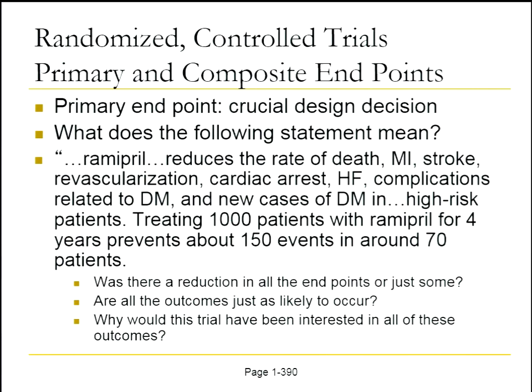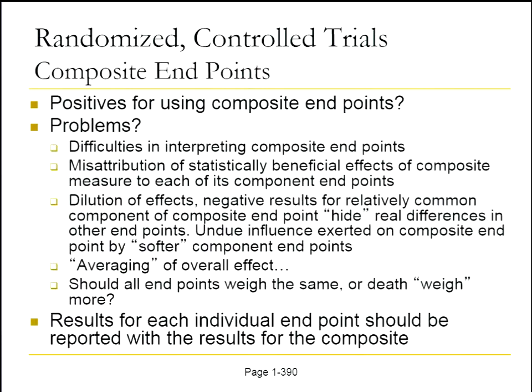All right, so there are some questions to ask. Was there a reduction in all the endpoints or just some? Are we actually seeing the forest plot that shows all the changes that happen? Are the outcomes just as likely to occur? And on the next slide, we'll talk about some factors that may be being used now to help us with this.